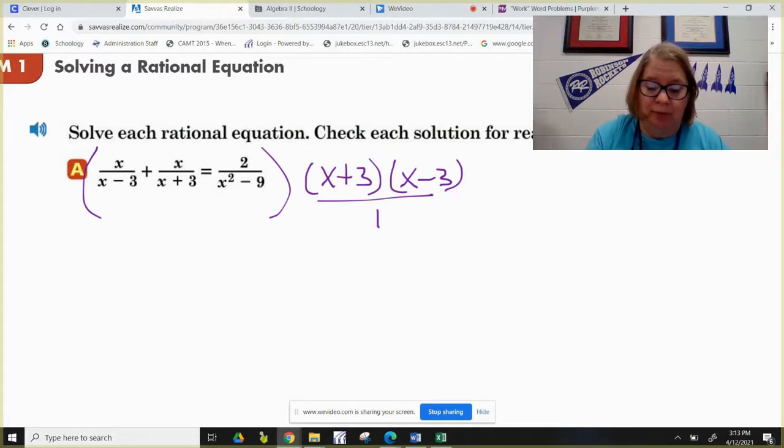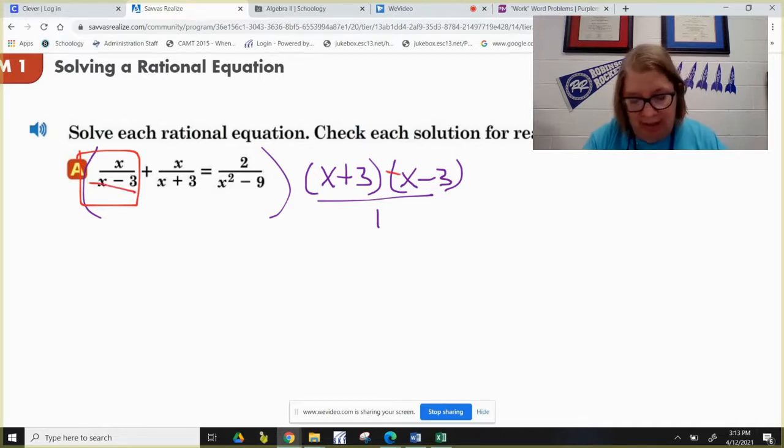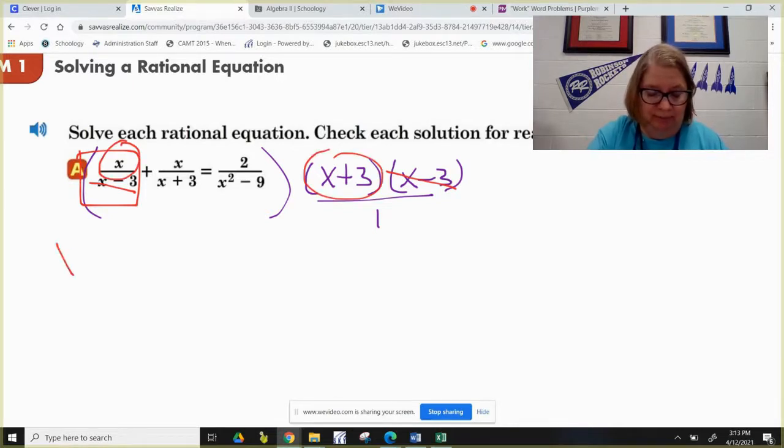Now let's think about multiplying that by your first fraction. Okay, this x minus 3 and that x minus 3 would cancel out. So we have this x on top times this x plus 3.